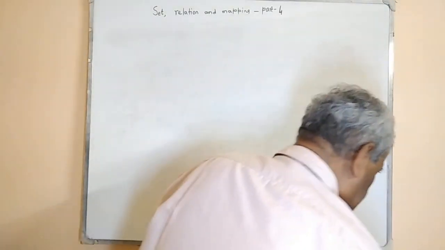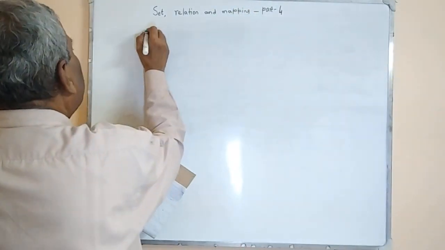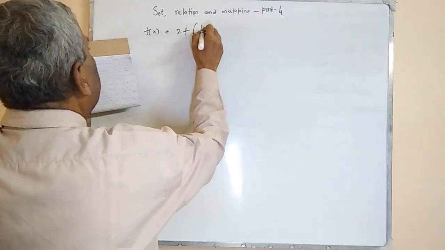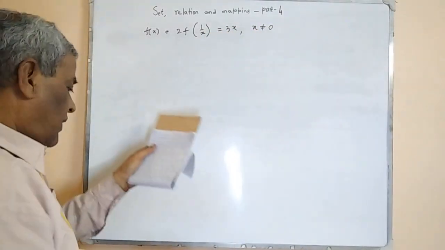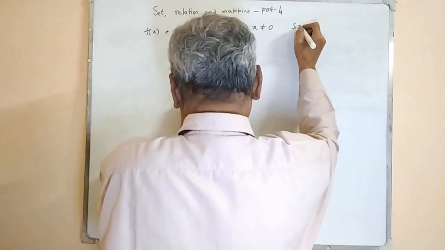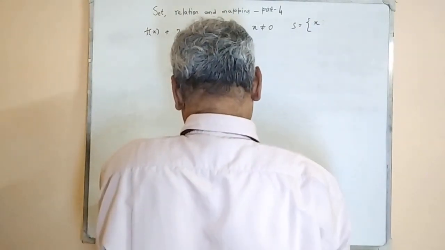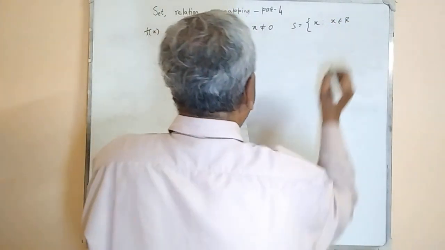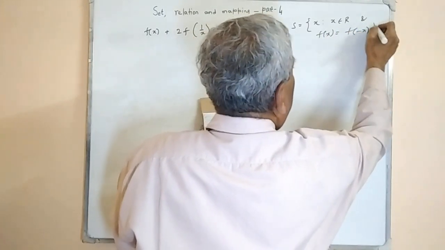Now, let us take the next problem. If f(x) plus 2 f of 1 by x is equal to 3x, x not equal to 0, and S is the set of all points x such that x belongs to R, real, and f(x) is equal to f of minus x, that is, an even function.